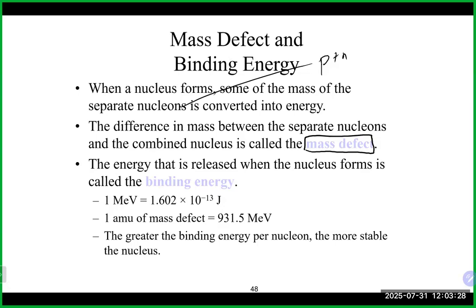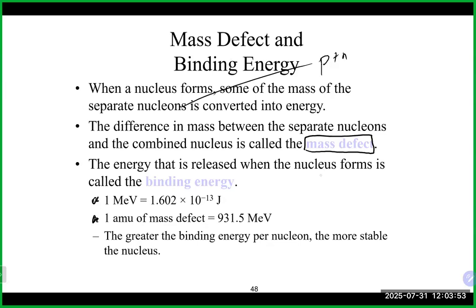The energy that is released when a nucleus forms is called the binding energy, or sometimes the nuclear binding energy. And there are a couple of conversions here. 1 mega electron volt is equal to 1.602 times 10 to the minus 13 joules. 1 AMU of mass defect is 931 mega electron volts.